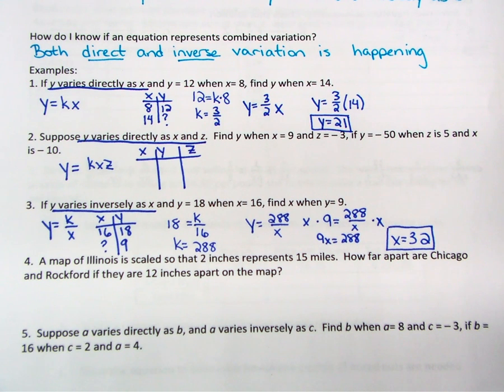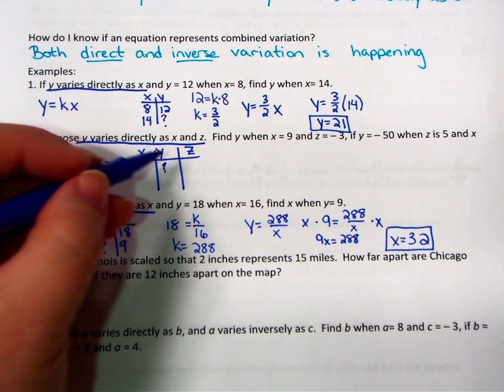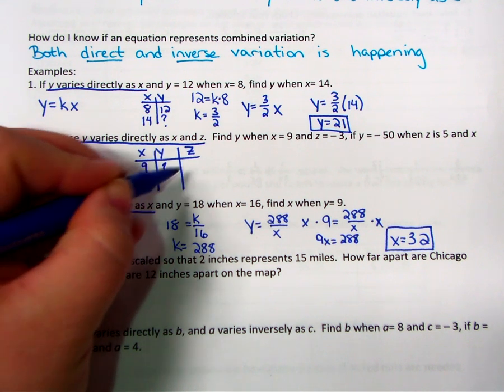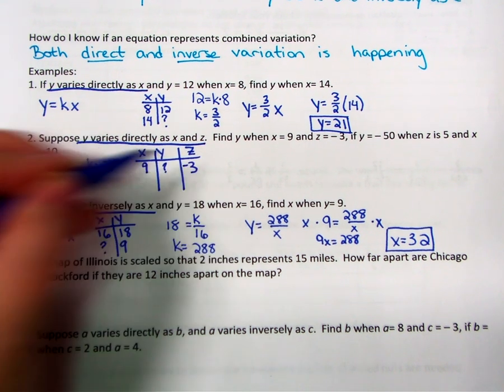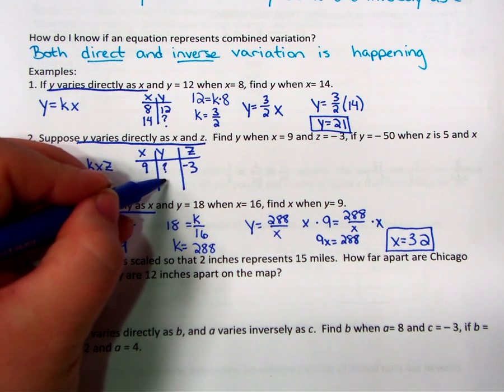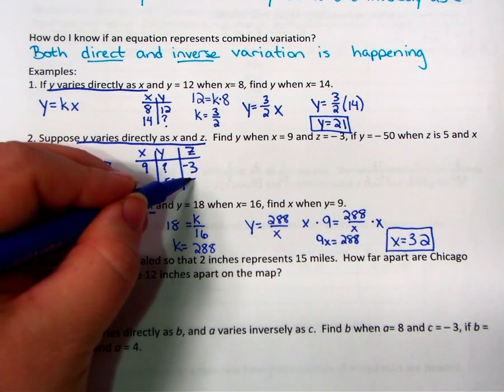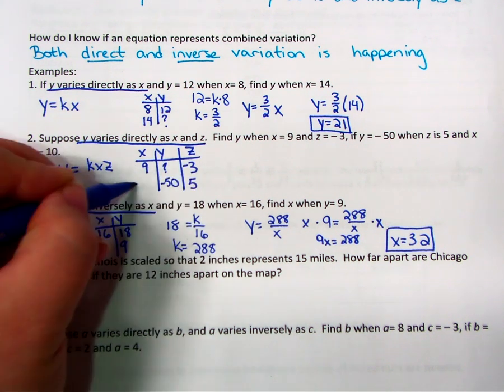So it says find y, so that's a question mark. x is 9 and z is -3. Then it says that y equals -50 when x is -10 and z is 5.